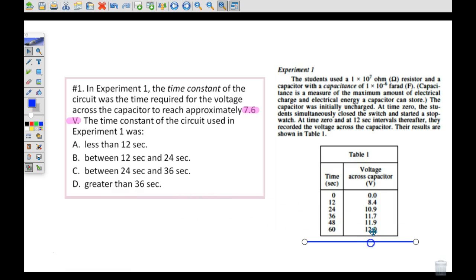But in my table, there's no 7.6 volts. I go right from 0 to 8.4. So that means I have to look within the data table and perform an interpolation based on the information that I have. Because 7.6 is in between 0 and 8.4, I can assume that the time would be 12 seconds or less. So the answer to number 1 is A.